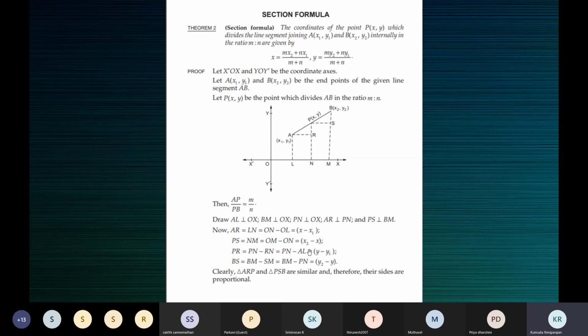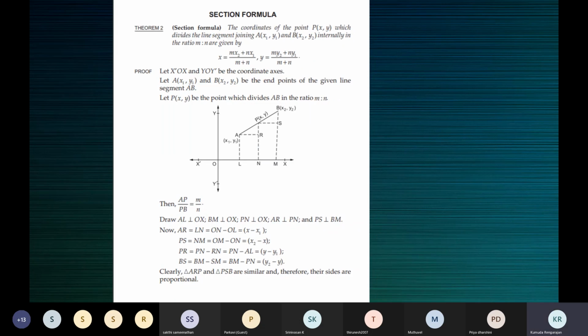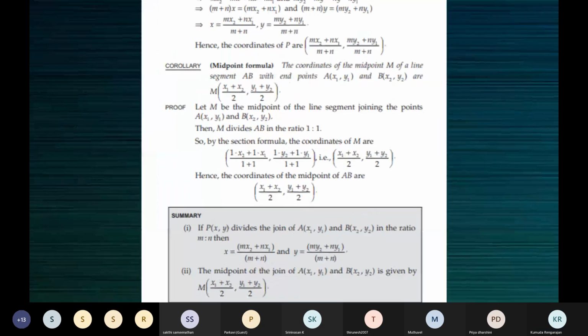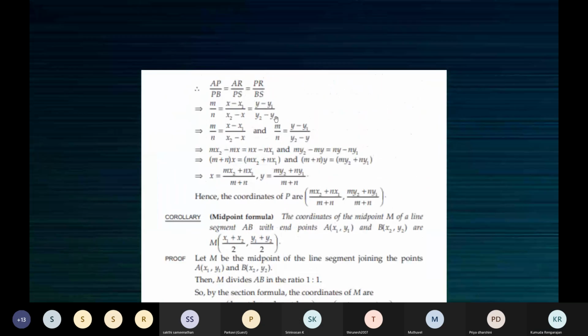Now we substitute. See the next slide. Children, this is just substitution. You will understand this. So this is the proportion. Substitute AP by PB as m by n. AR we have found there, x minus x1. PS we have found, x2 minus x. All this we have found.